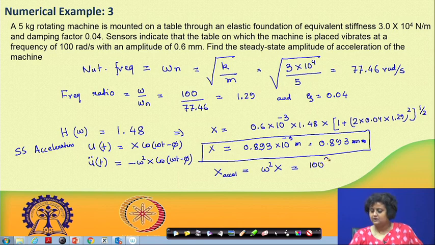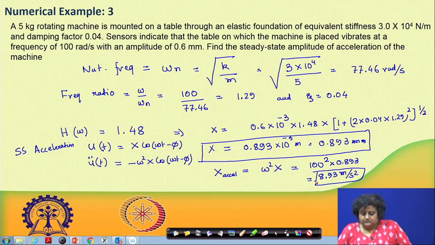So, omega square into 0.893 comes out to be 8.93 in millimeter per second square. So, this is the answer of the problem.